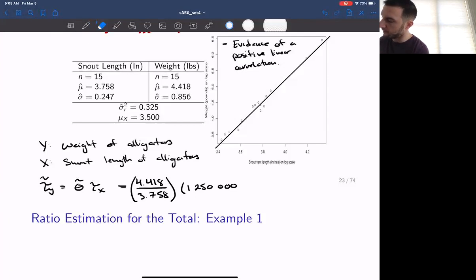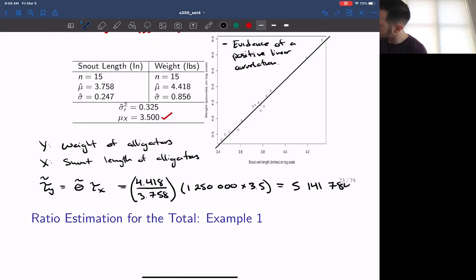So since we have mu x here, we can get a direct estimate of the population total. So we don't actually need to use the estimator for tau of x. So then we can multiply this thing by 3.5. And this is going to give us something in the area of 5,141,784 pounds.